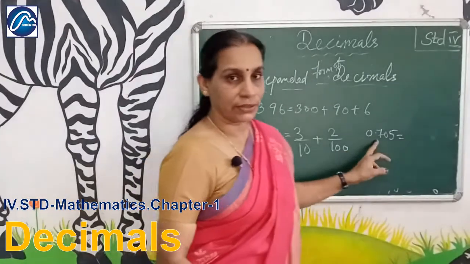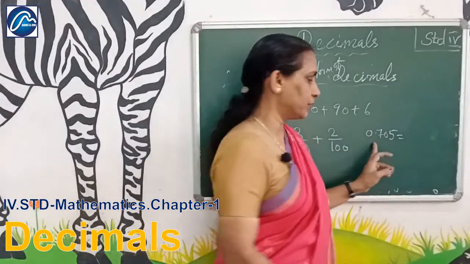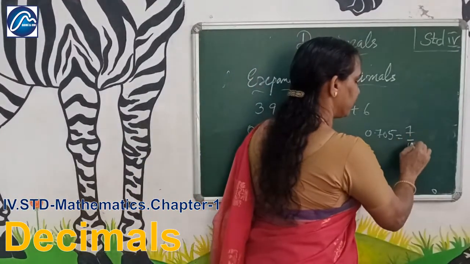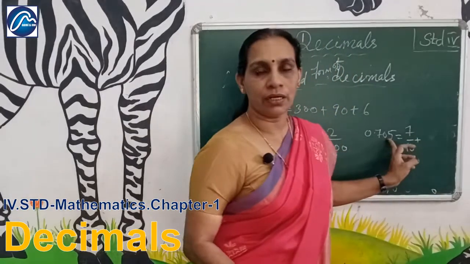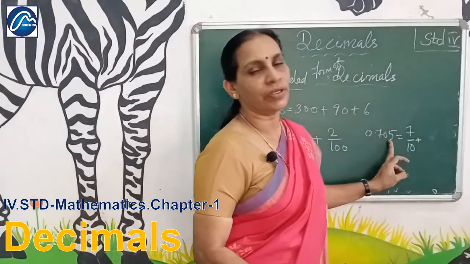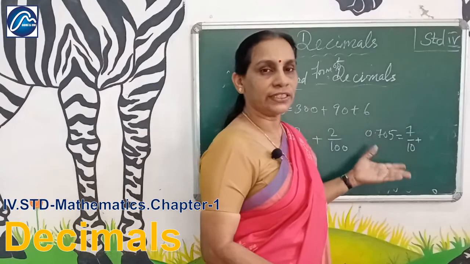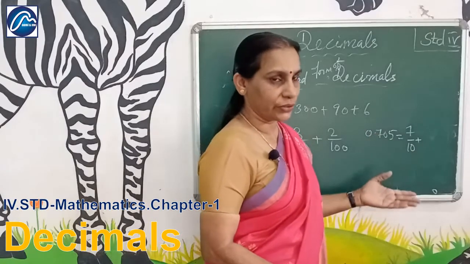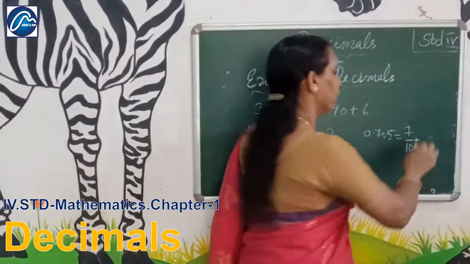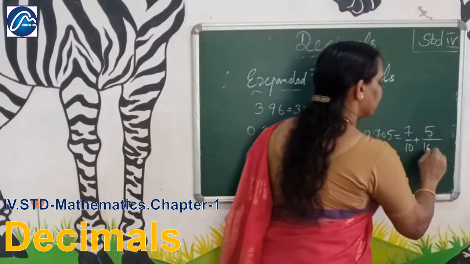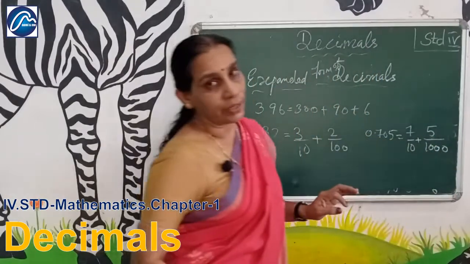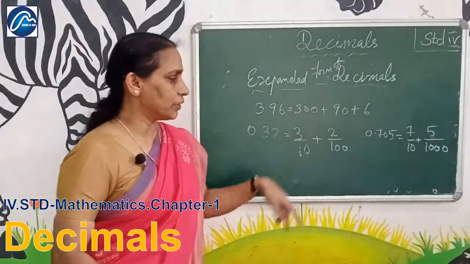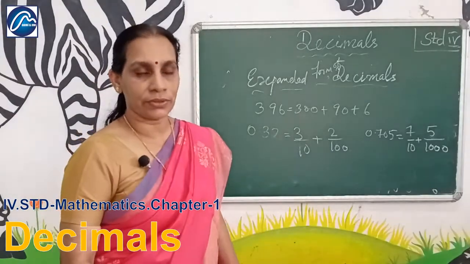In the 10th place 7, so 7/10. In the 100th place 0, so we need not write that. അല്ലെങ്കിൽ 0/100 എന്ന് എഴുതാം, അത് ആവശ്യമില്ല ശരിക്കും. പിന്നെ 5/1000, so 7/10 plus 5/1000.